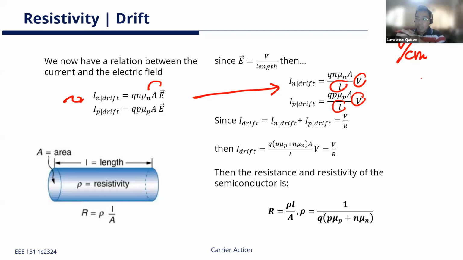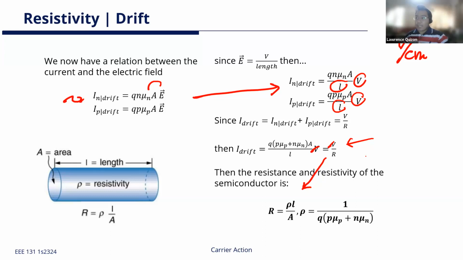Tapos, alam natin na current is volts over resistance, right? Then we could place it in this manner, na this equation is equal to V over R. So, in the end, ang mangyayari, magka-cancel out si V and we're left with this equation.